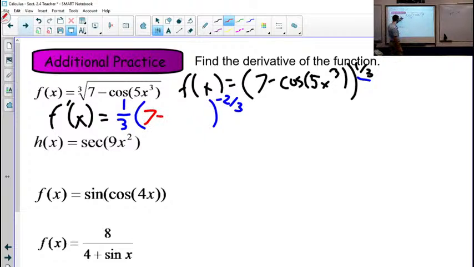My inside part is 7 minus cosine of 5x cubed. Times derivative of the inside part. Derivative of 7 is 0 minus derivative of cosine is a negative sine.